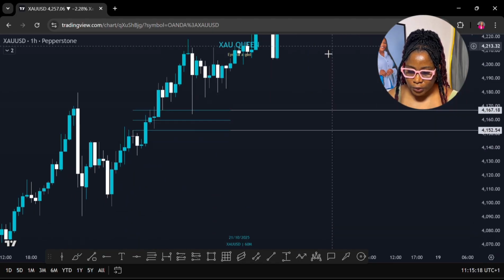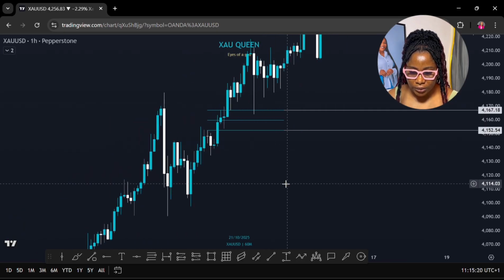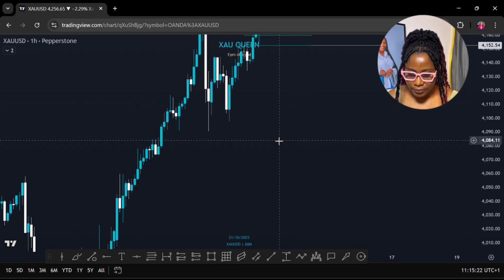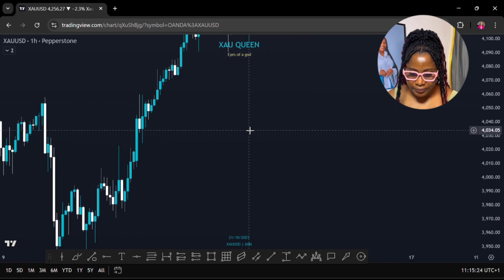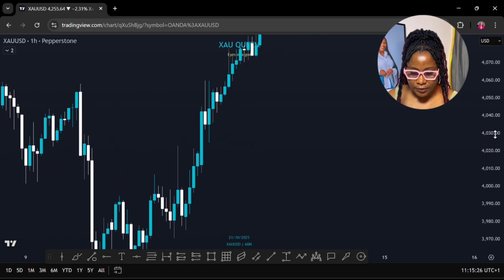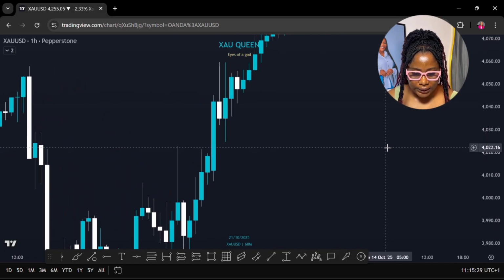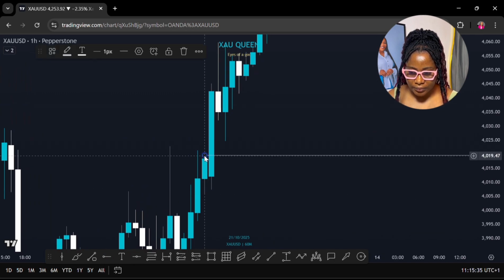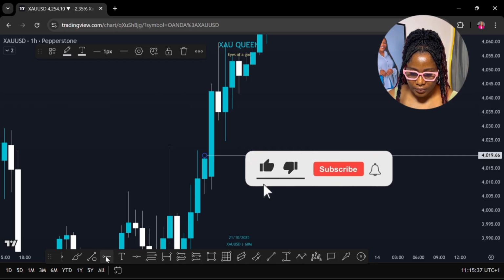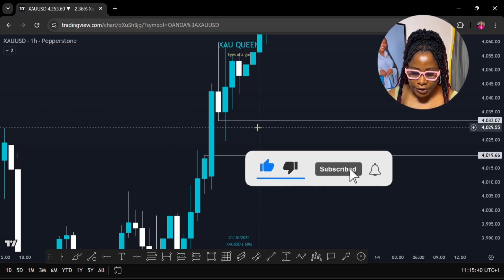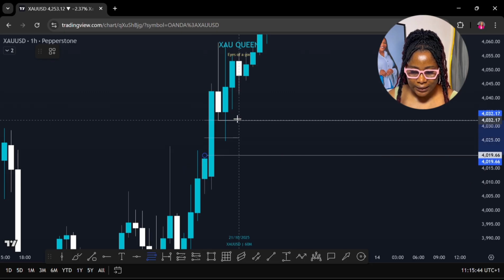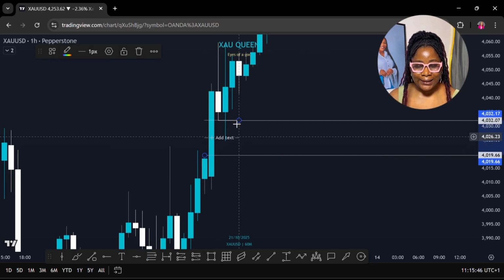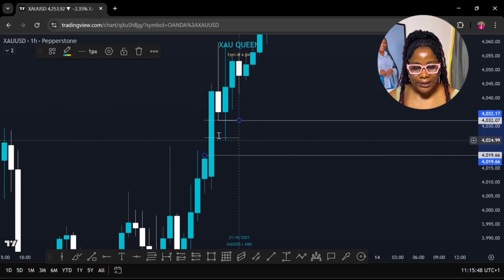Let's check for more. Now this is another fair value gap. So you can see how price came in, tapped in neatly, using it to continue.